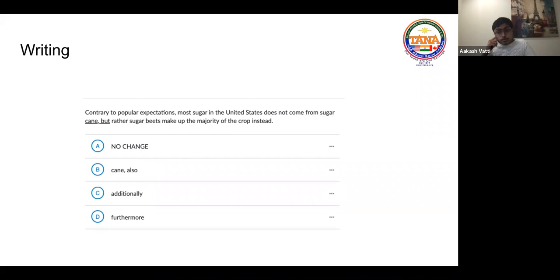So yeah, on top of, okay, so how is answer B wrong? Cane also rather sugar beets. Okay, so also means on top of, but what we're trying to say is instead of sugarcane, it's sugar beets that make up the majority. Yes, it should just be cane, comma rather sugar beets.